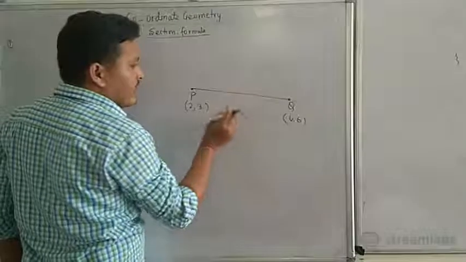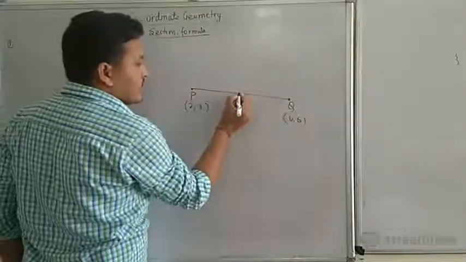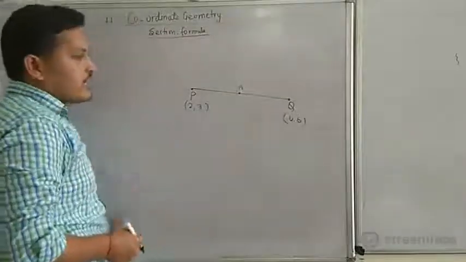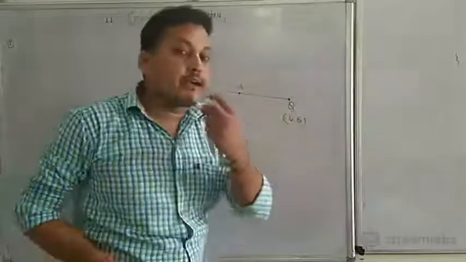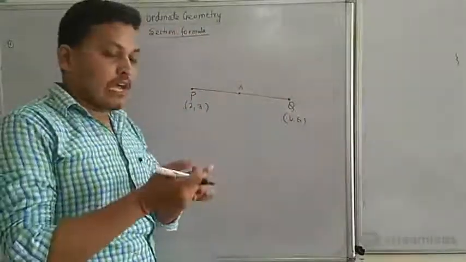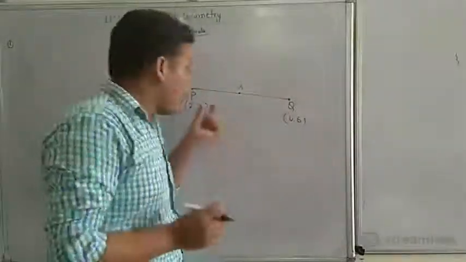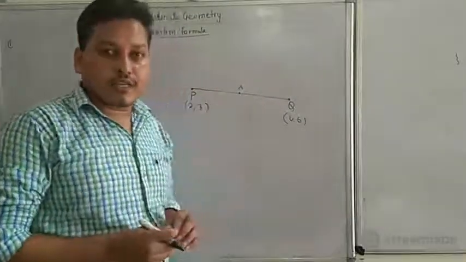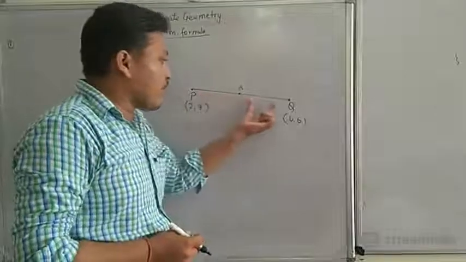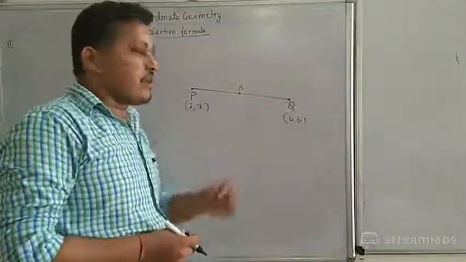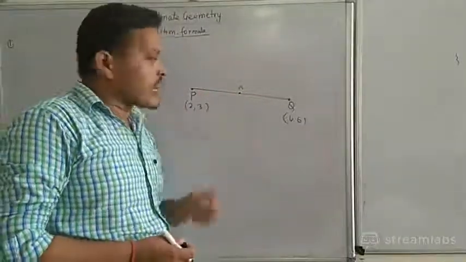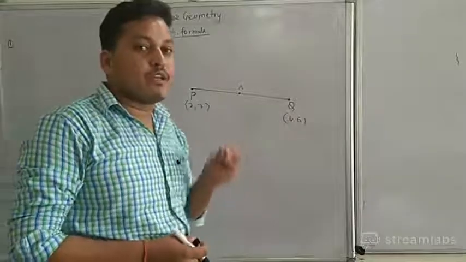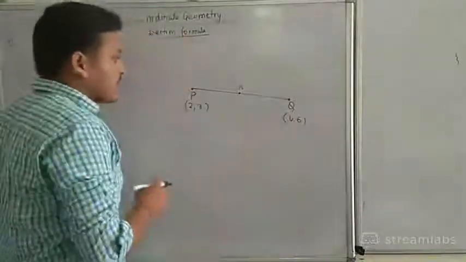And suppose a point A divides the line PQ into 2 parts. Sometimes both parts are equal and sometimes the two parts are not equal to each other. So this type of formula, this type of question, we will learn in this chapter.